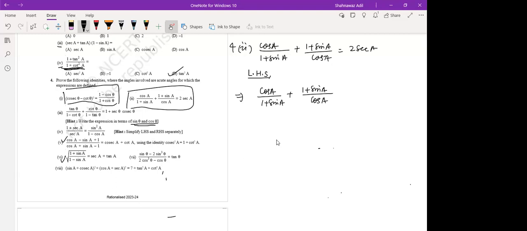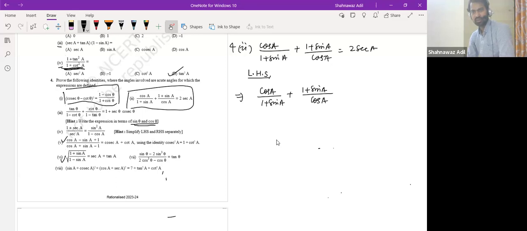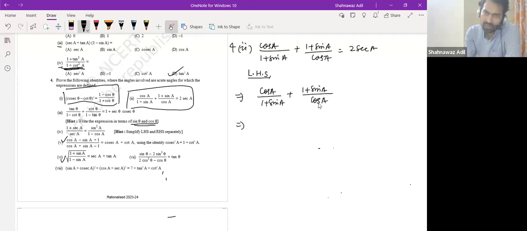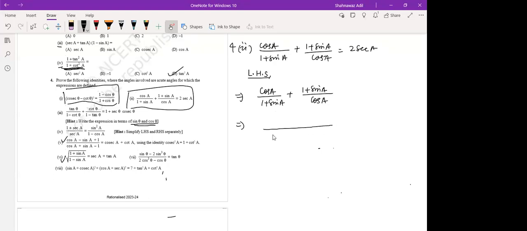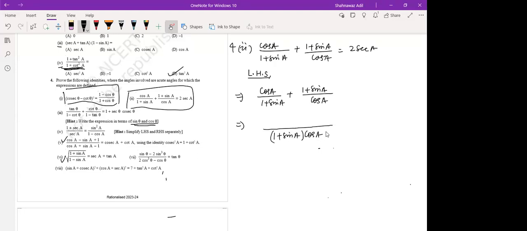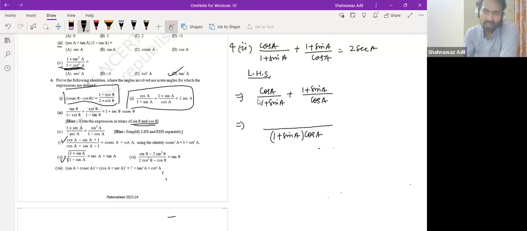So then what should we do next? These are two terms, so we should simplify, right? Simplify meaning we have to take the LCM first. One LCM is 1 plus sine A and the other is cos A. So what will I get in the numerator?